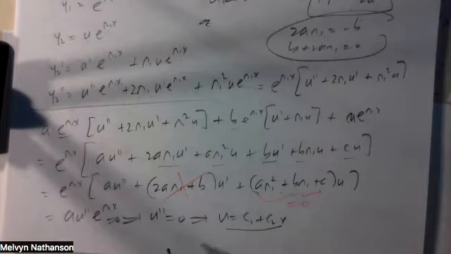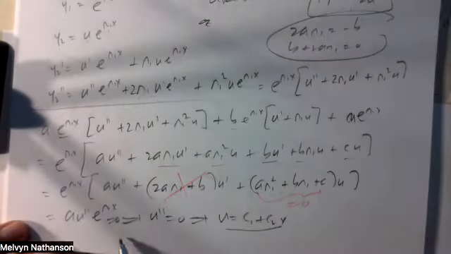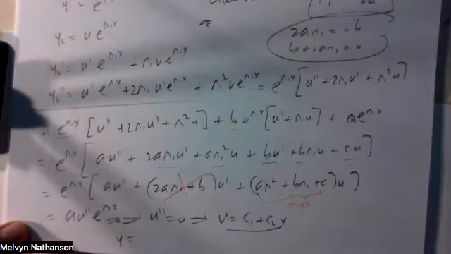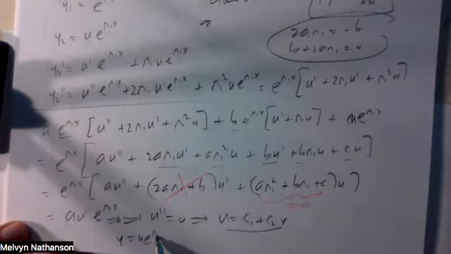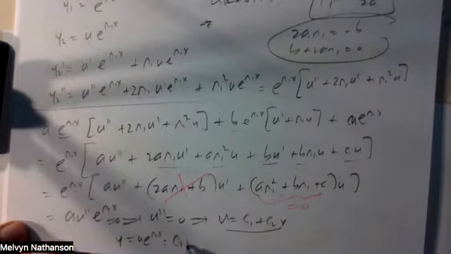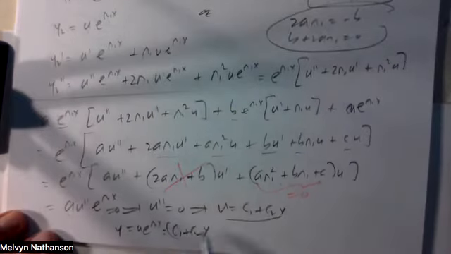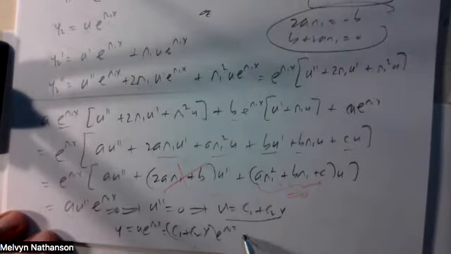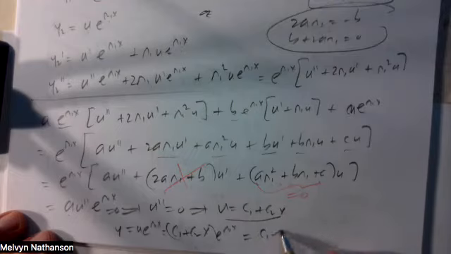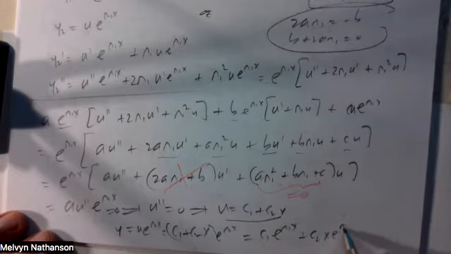And so again, we get that y, which is u e to the r1x, is c1 plus c2x times e to the r1x, or c1 e to the r1x plus c2x e to the r1x.